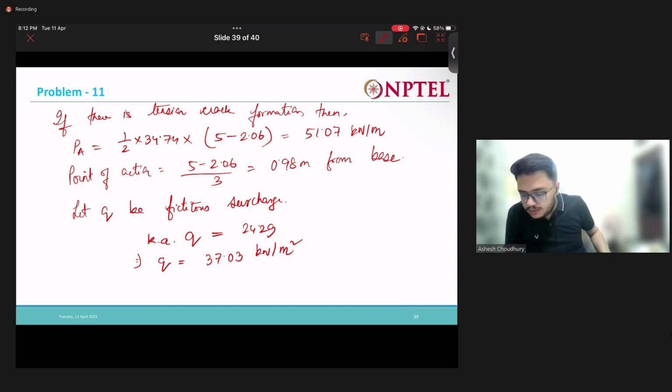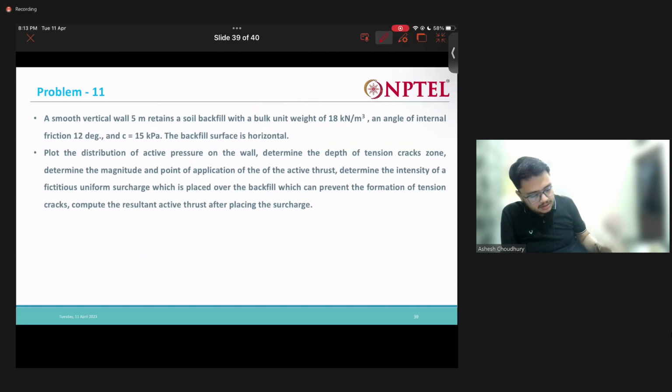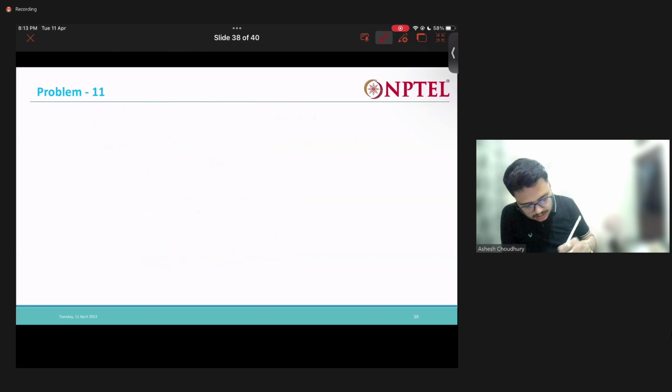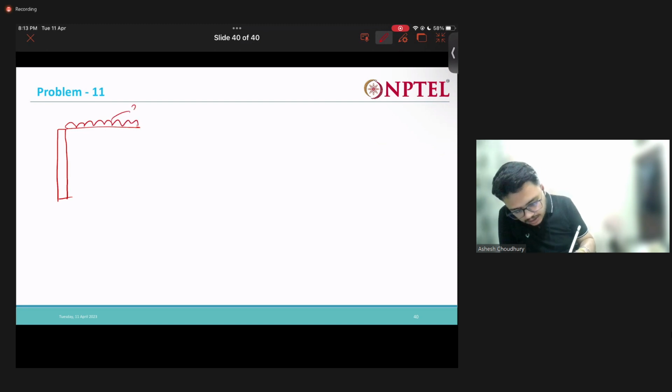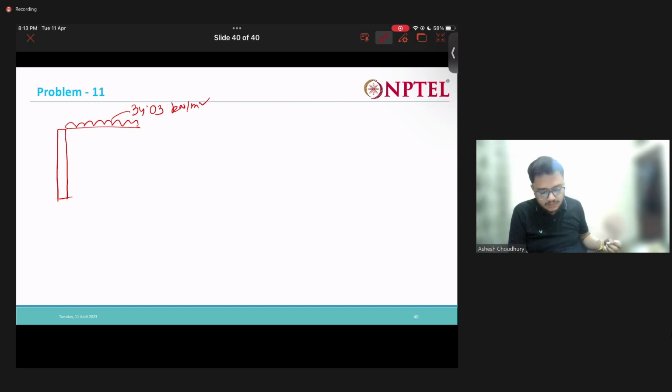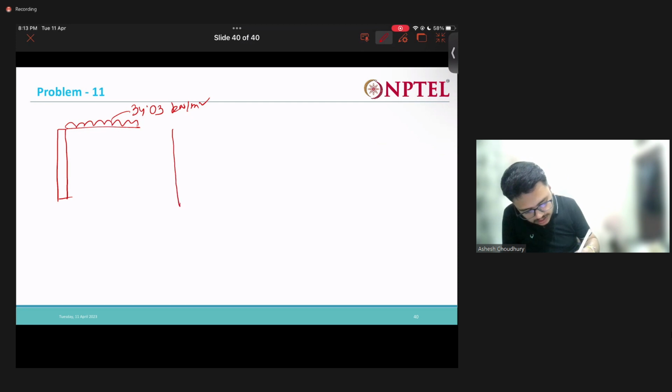Now in this case, what will be our PA? Here we are placing a surcharge equal to 37.03. Say this is not there. If it was not there, I would have got something like this.